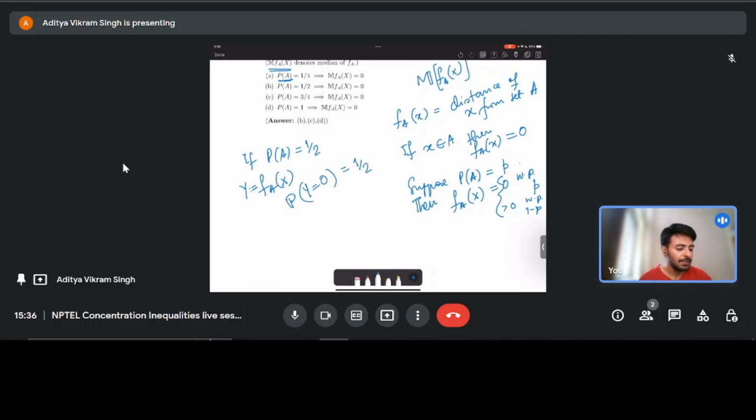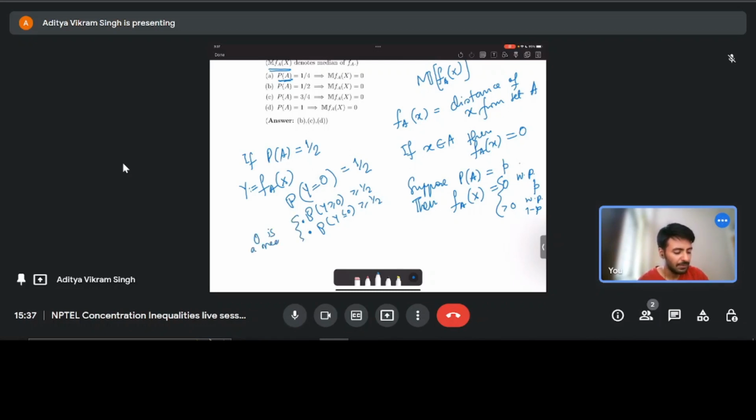Okay, so what this means is that probability of Y greater than equal to 0 is greater than equal to half, right? Because equal to 0 is half, so greater than equal to 0 would be greater than equal to half. And probability of Y less than equal to 0 is also greater than equal to half, right? Because probability of Y equals 0 is already half, and less than equal to 0 means you are adding more elements, and so that is greater. And so what this means is that 0 is a median.